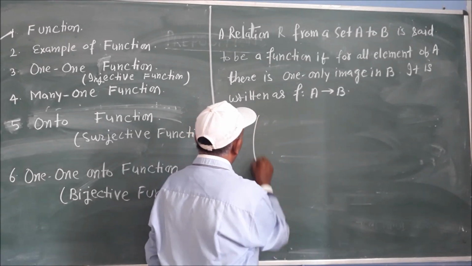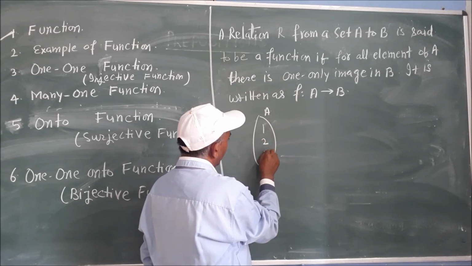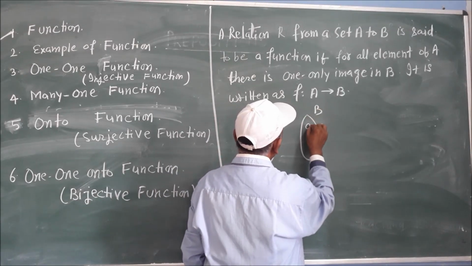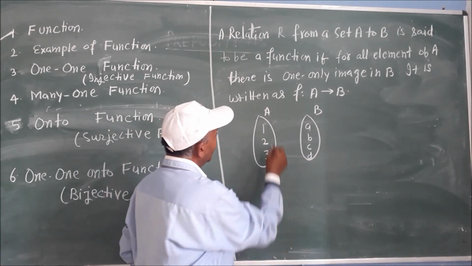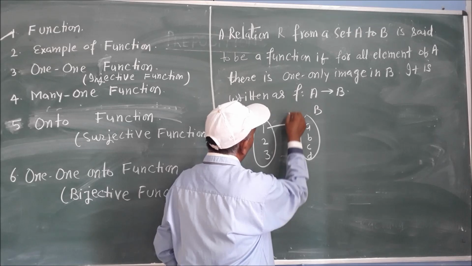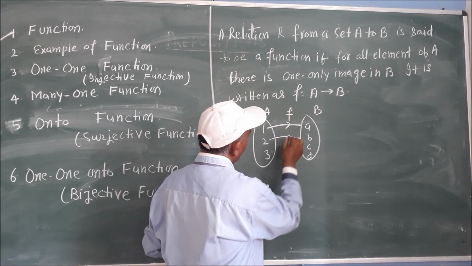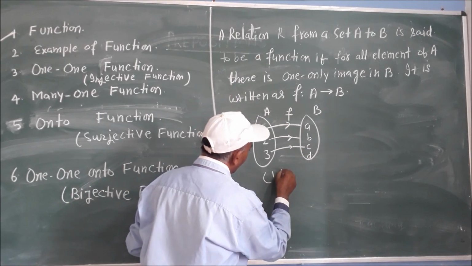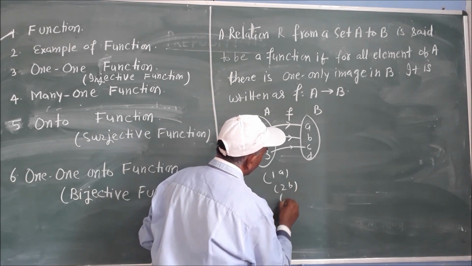See here the example. Here is a set A and its elements are 1, 2, 3. Here is another set B and its elements are A, B, C and D. For each element of A, suppose by a rule f, 1 is related to A, 2 is related to B, 3 is related to C. So its elements will be 1A, 2B, 3C.